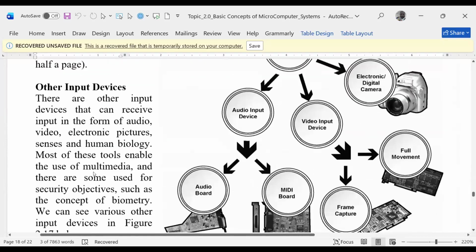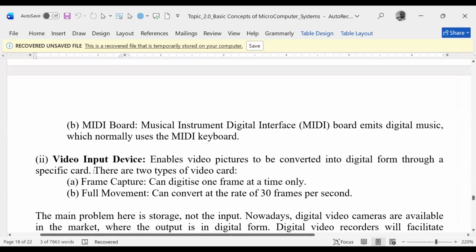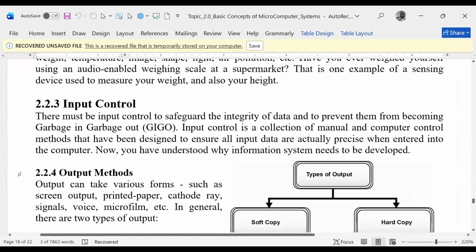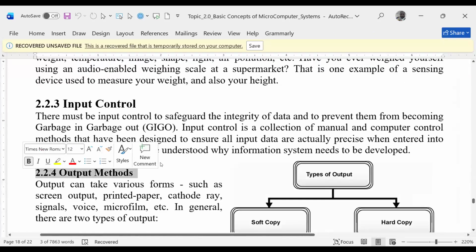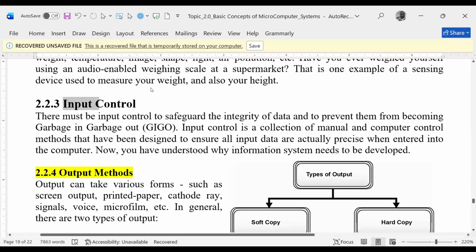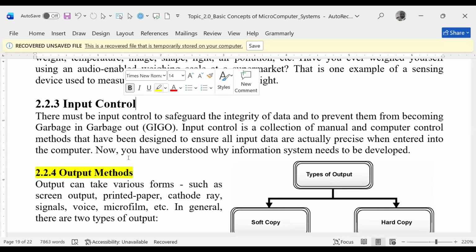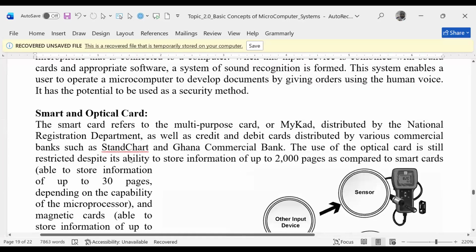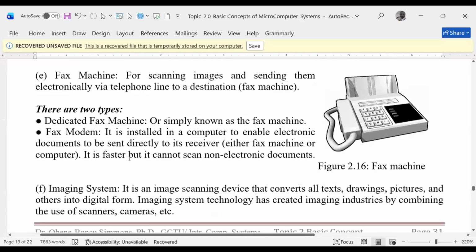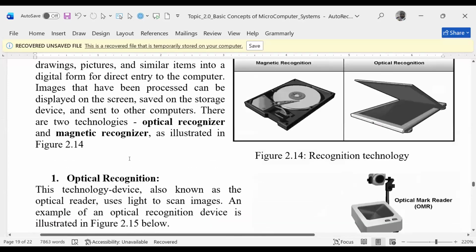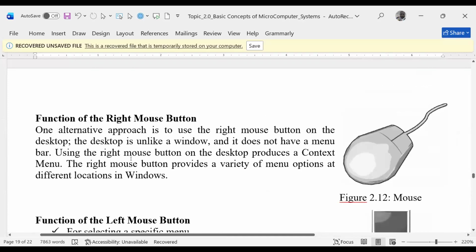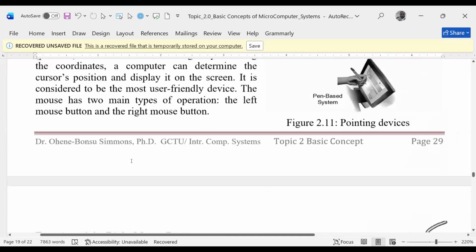I'll start the next meeting from here: input method. All this side, or input control, are straightforward when you read. They are known to you, your day-in, day-out activities. So this side is straightforward. You read before you come next meeting. Good.